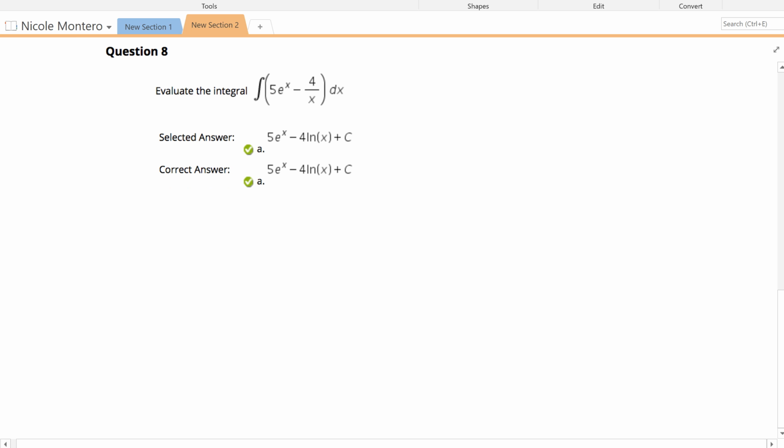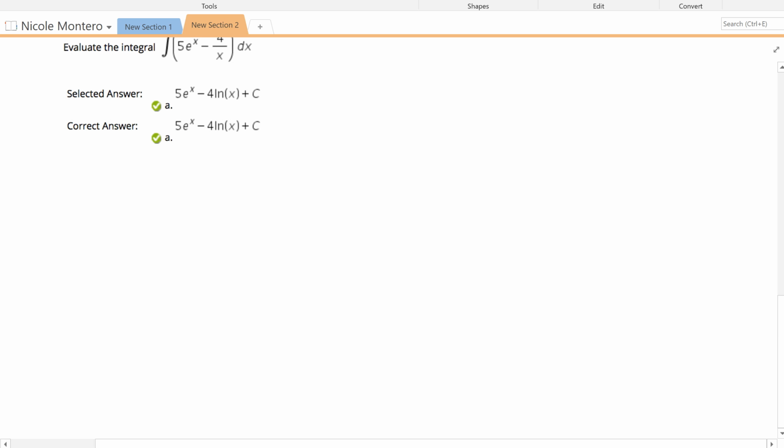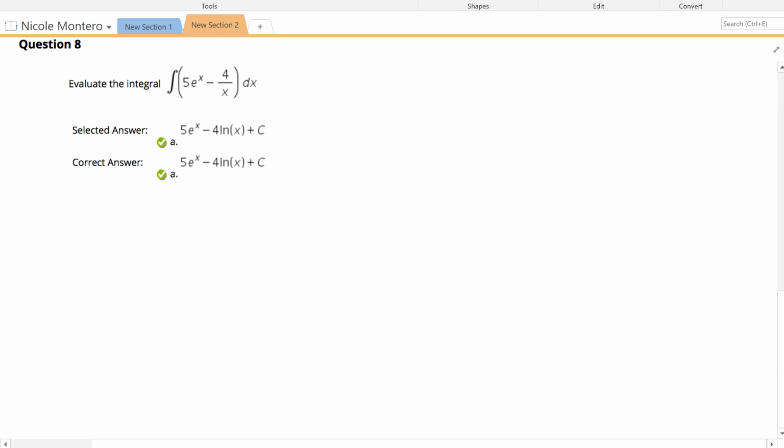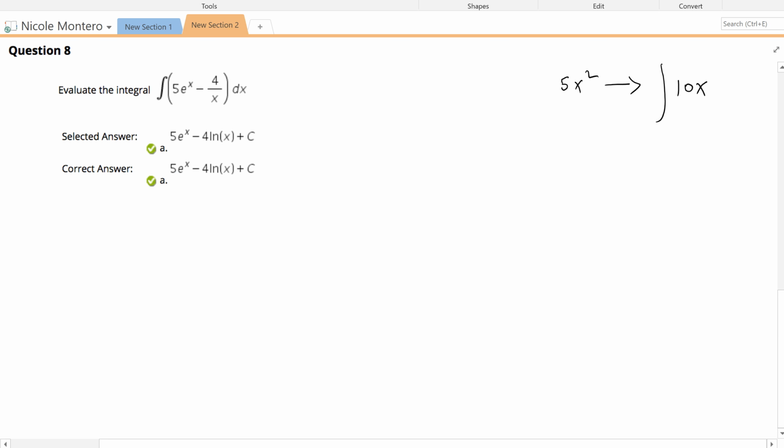Antiderivative, as its name suggests, we do opposite to the derivative. For example, derivative of 5x squared is going to be 10x. And the antiderivative of 10x is going to be 5x squared.